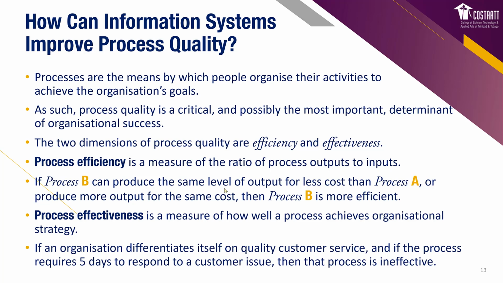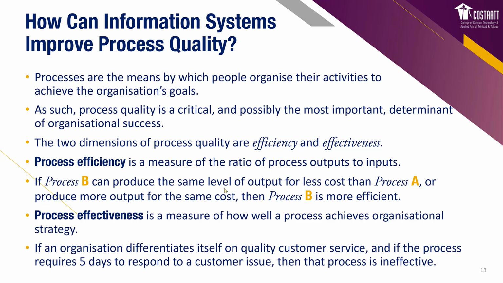Now, the two dimensions of process quality, as is with everything else in business and in management, are efficiency and effectiveness. Process efficiency is a measure of the ratio of process outputs to inputs, meaning that you're able to produce a certain amount of outputs with a certain amount of inputs.